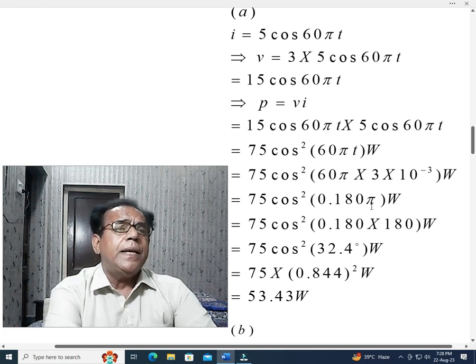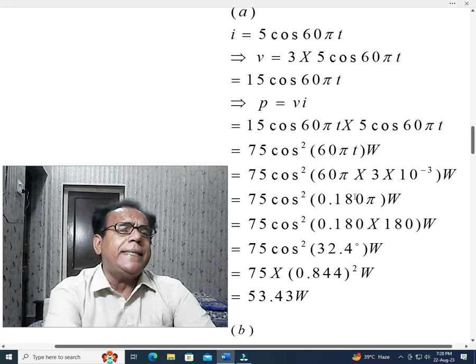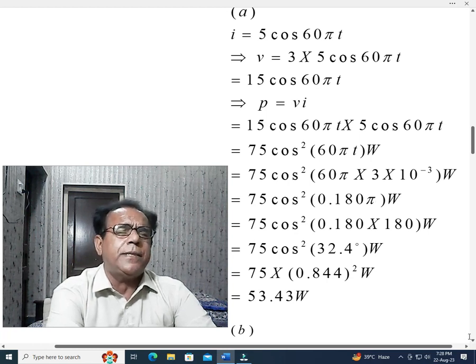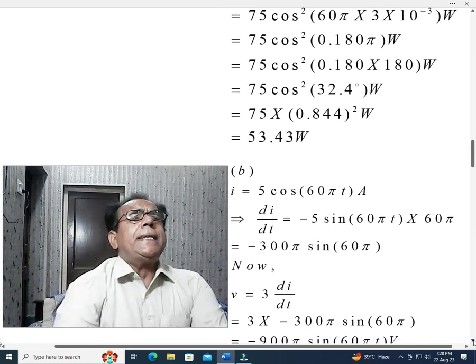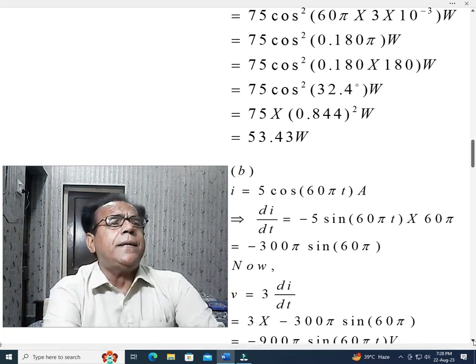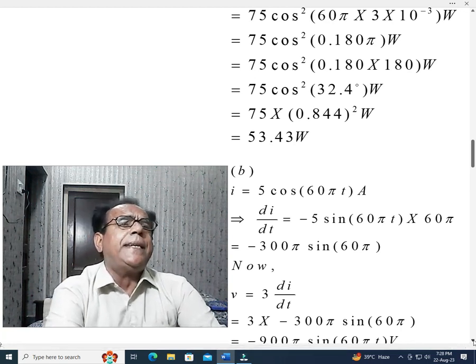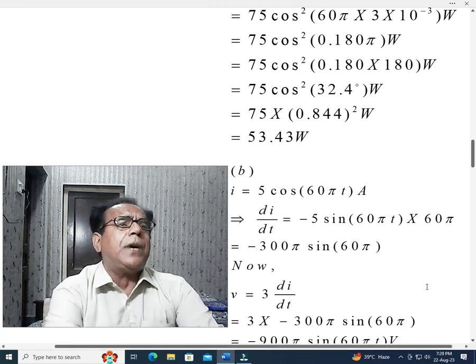But if pi appears outside the angle, then it is taken as 22 by 7, that is 3.14. So this is the basic difference in the use of pi.